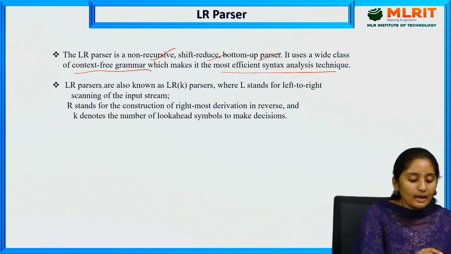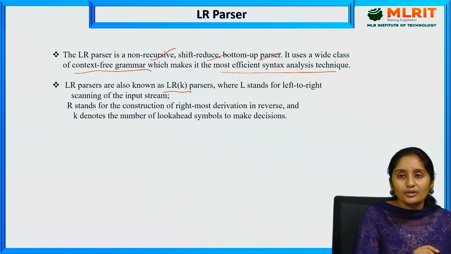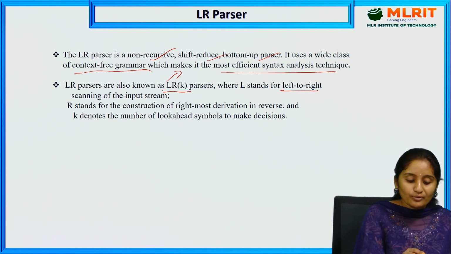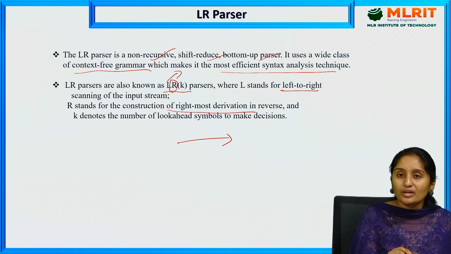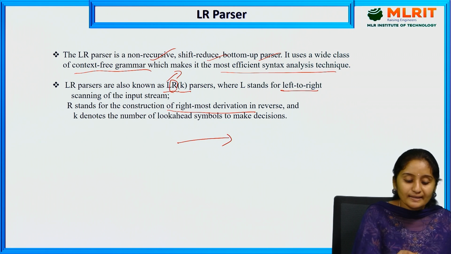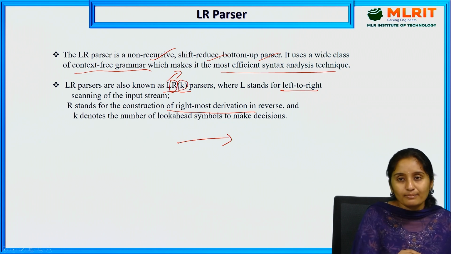The LR parser is also known as the LR of K parser, where the first L stands for left to right scanning. We scan the given input from left to right, and R stands for rightmost derivation. We apply rightmost derivation in a reverse manner, and K is the number of lookahead symbols.